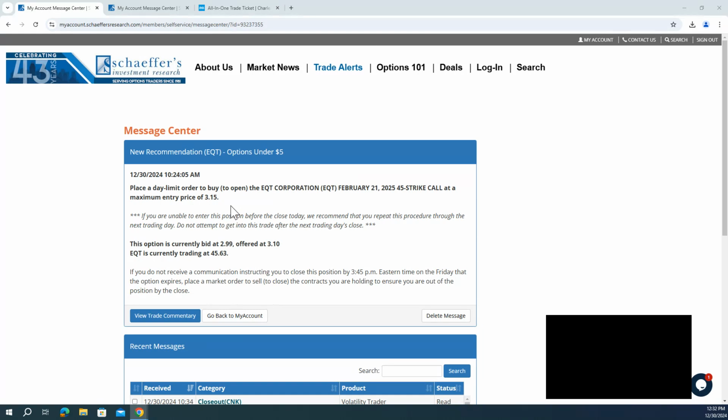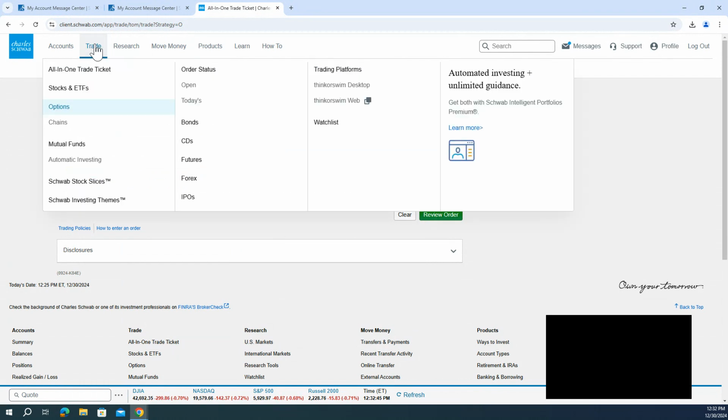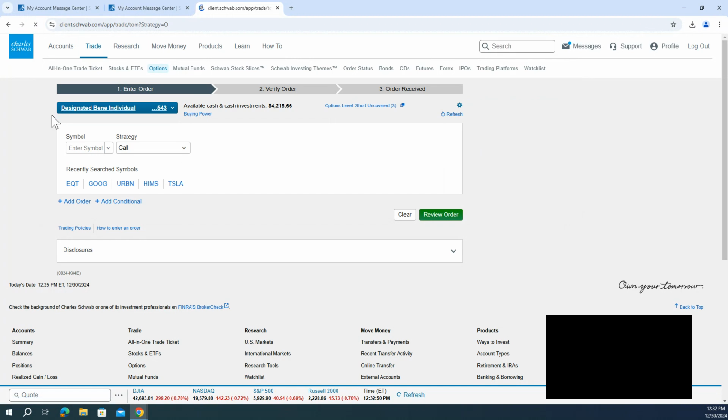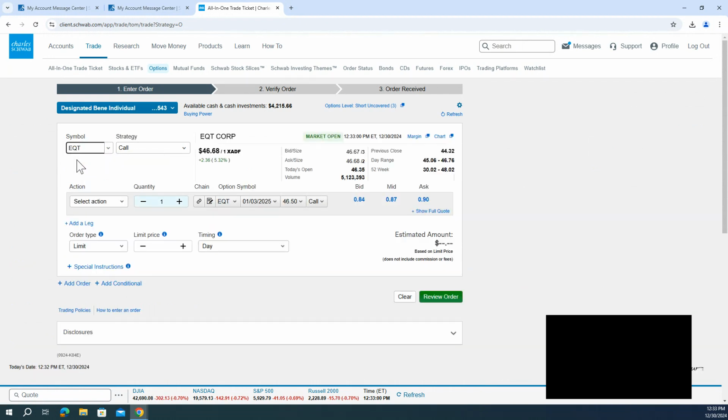So let's go into the Schwab platform to see how to enter this. First thing I would do is click on Trade in the upper left-hand side and then select Options. There we enter our symbol, EQT, and select EQT Corporation from the dropdown.